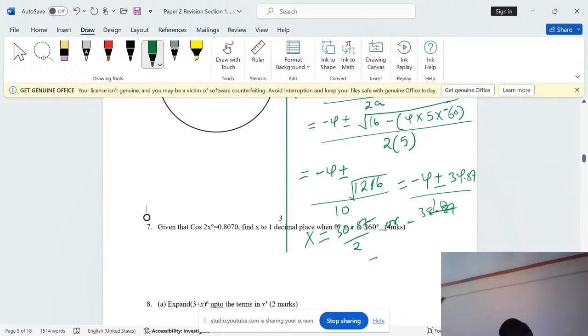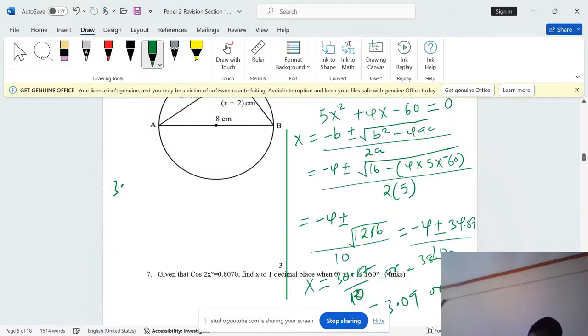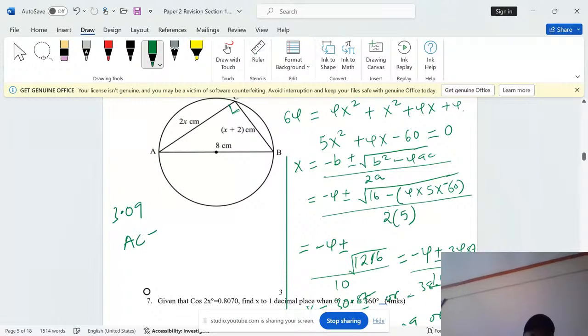So the first value, when we divide by 10, we're going to get 3.09 or negative 3.89. This is a negative and we are dealing with length. So we stick to the first value of x, which is 3.09, which means for us to get the length of AC, then we need 2x.